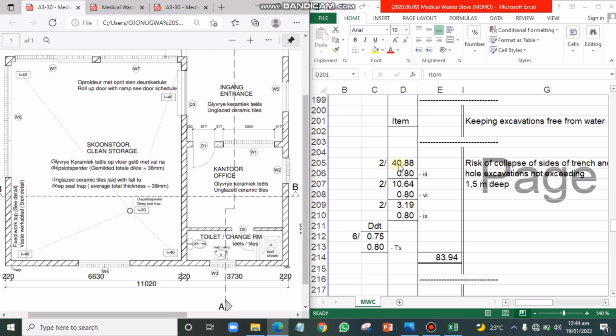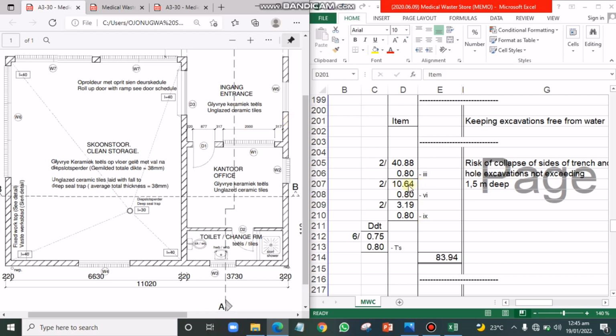So 2 by 40.88 is the trench of the external wall, and 0.80 is the depth of the trench as earlier stated. So multiply by 2 because we are going to have the earthwork support at this side and at the other side, to prevent the wall of the excavation from falling into the excavation.